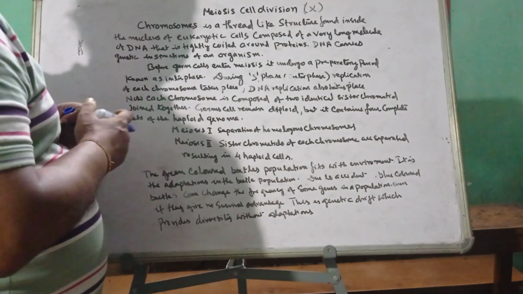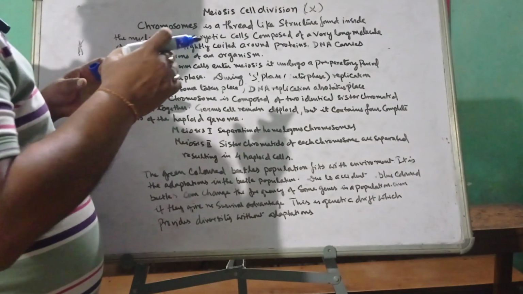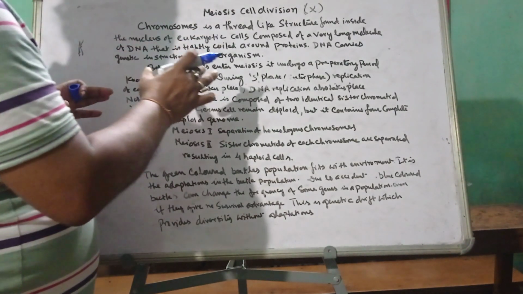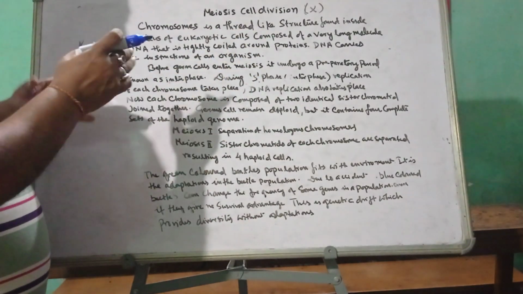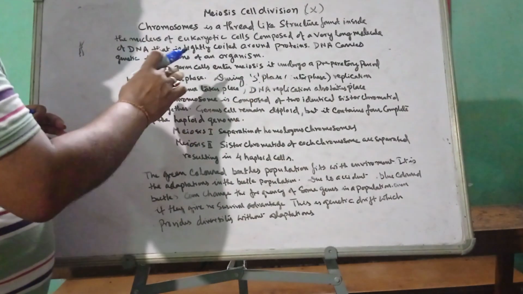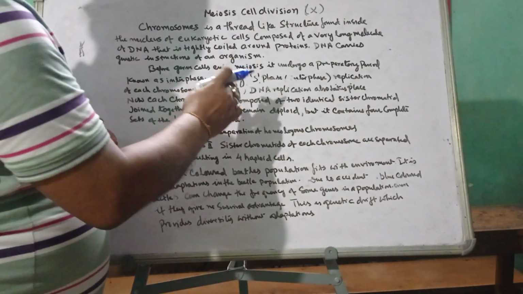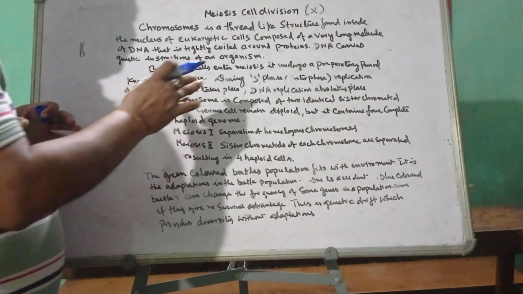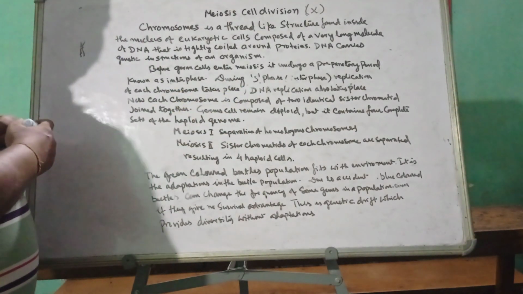Before going for cell division, the cell has to prepare itself. This is called the S phase, which is in the interphase. Here each chromosome replicates and DNA also replicates, and because each chromosome replicates, sister chromatids are formed and they are joined together.